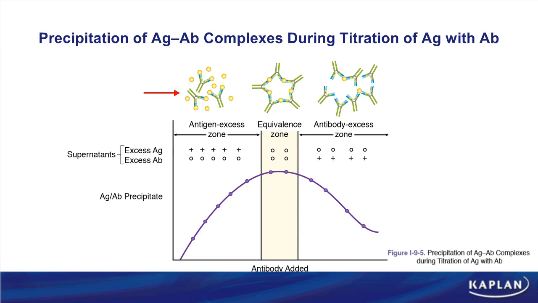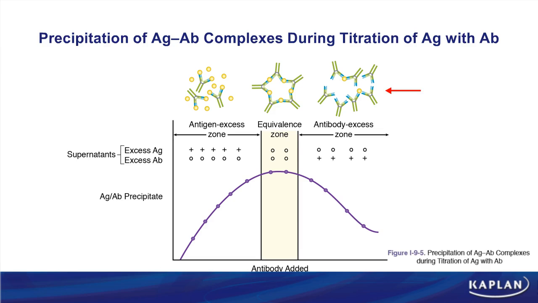Again, that highlights the importance of IgM early on in the infection because we have antigen in excess. However, when we have an excess of antigen versus antibodies, you can see that we are not going to get a maximal precipitation or agglutination reaction because the antigen is soaking up all of the binding sites on the antibody.